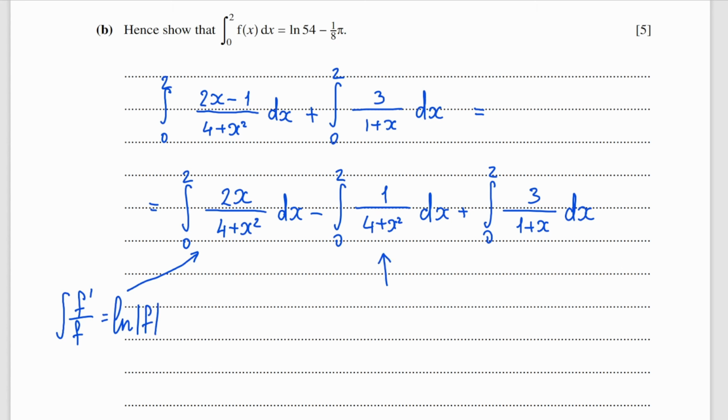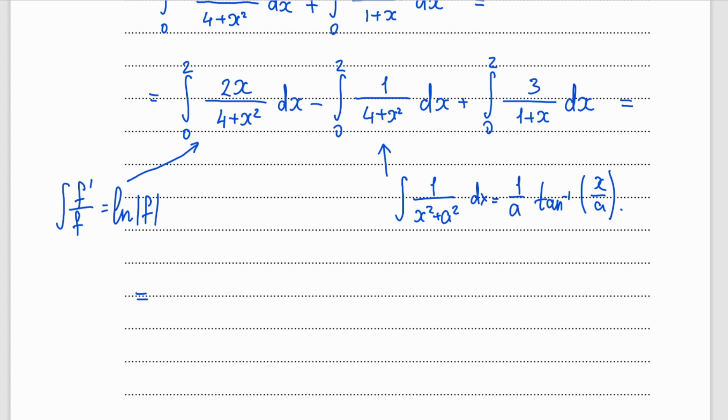For the second one, and you can find this formula in the formula sheet, the integral of 1 over x squared plus a squared would be 1 over a inverse tangent of x over a. Now for the first fraction, if we check the derivative of 4 plus x squared, that's going to be 2x, which is exactly the numerator of this fraction. So we know that the first integral is going to be natural log of 4 plus x squared from 0 to 2, minus.